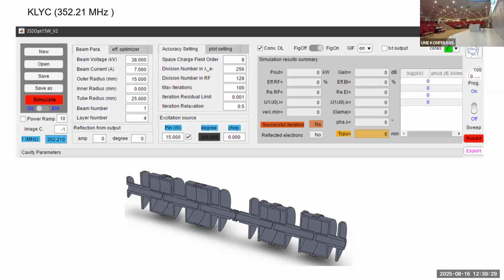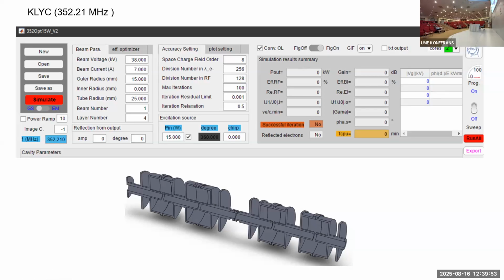The preamplifier of the unit, the last one before the tube, is about 8 kilowatt. 8 units will be combined together.